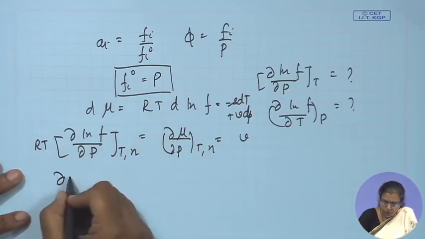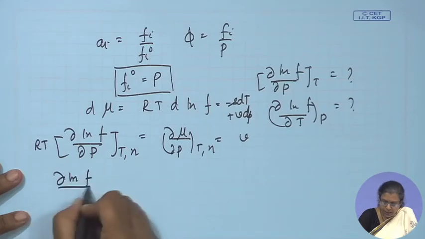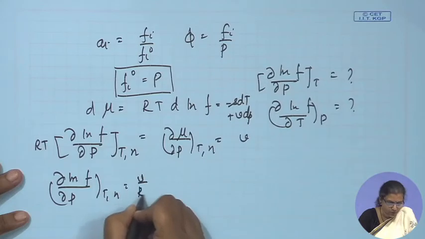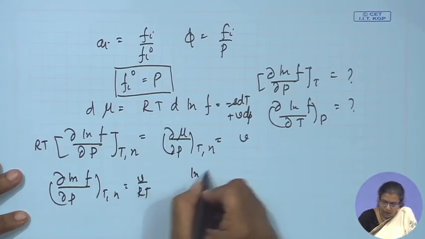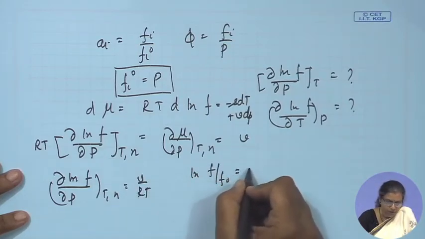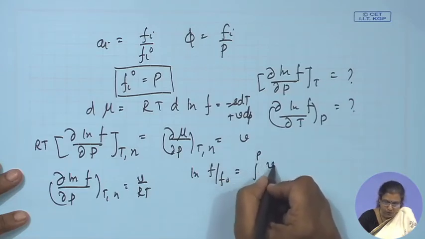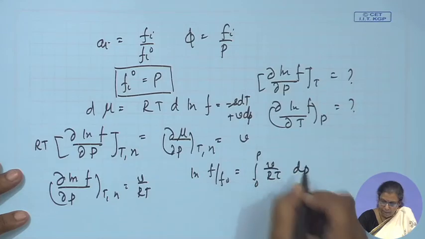So, we deduce that del ln f del P at constant T, n is nothing but equal to V by RT, or in other words ln f by f 0 equals, again if f 0 is defined at P equals 0, integral of V by RT dP.